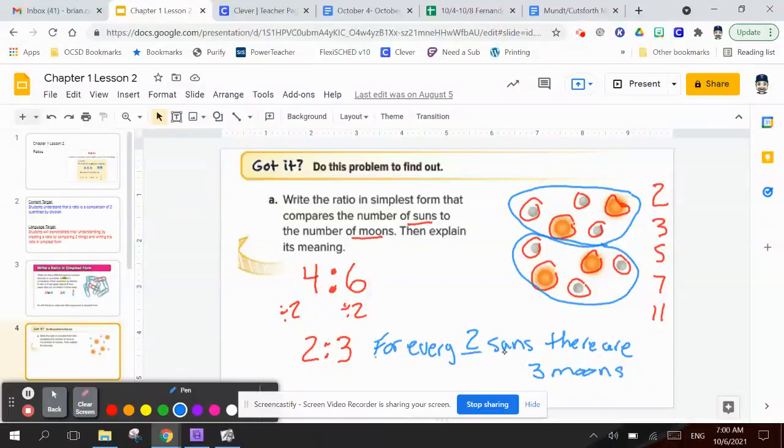So this is your sentence frame. So "for every" is always there. "There are" is always there. This part in the middle is what we have to change each time. And at the end, we want to know what 2 things we're comparing.